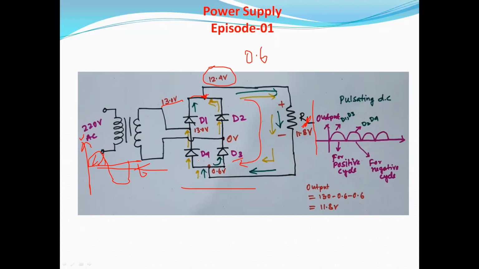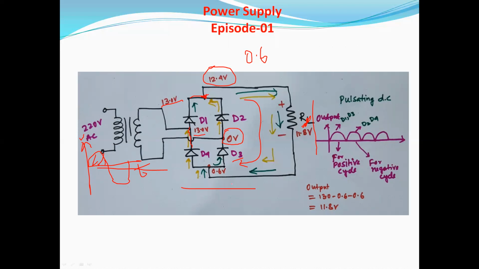Although the anode terminals of D3 and D4 are both connected with load RL, the D4 cathode terminal is at higher potential and the D3 cathode terminal is 0 volt, lower potential.